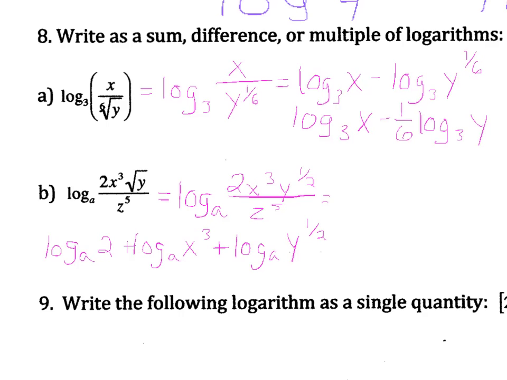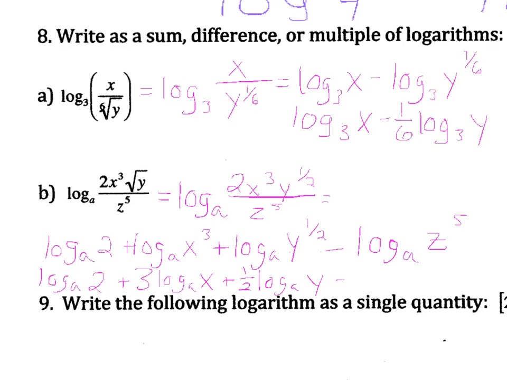And we have 1 term in the denominator, so we have minus log base A of z to the 5th. And then our last step is to move any exponents to the front of the logarithm. So our final answer will be log base A of 2 plus 3 log base A of x plus 1/2 log base A of y minus 5 log base A of z.